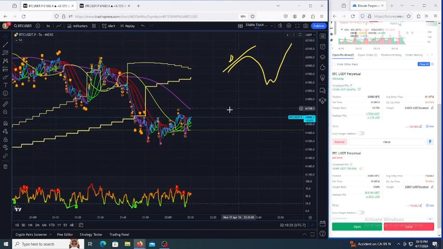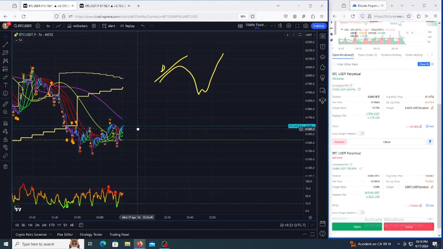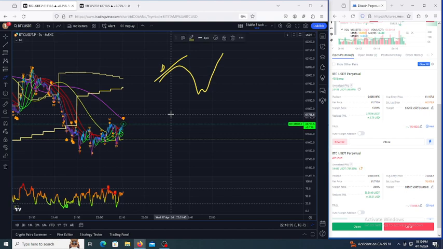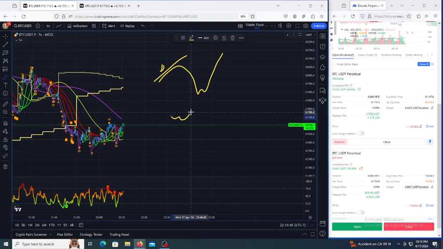And then there are also a few combo patterns. Like there'll be a W, and then there'll be a dip.